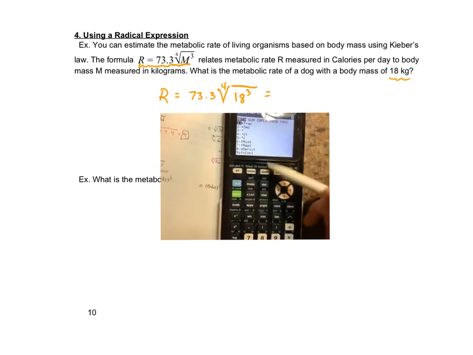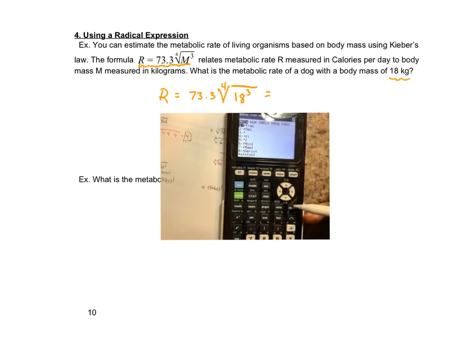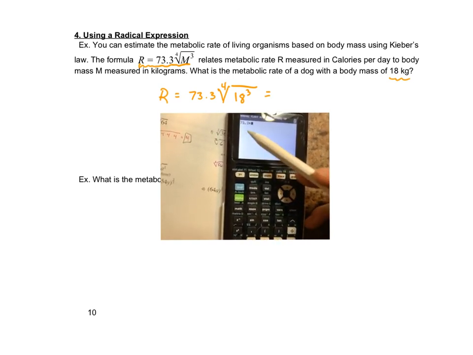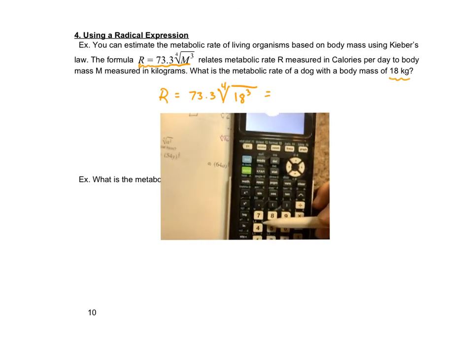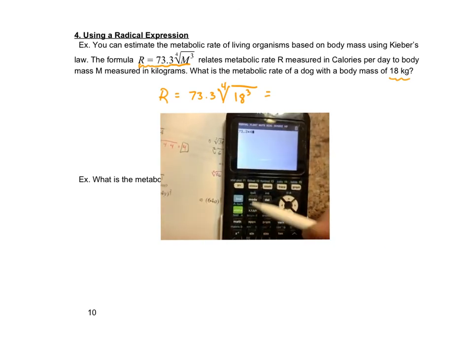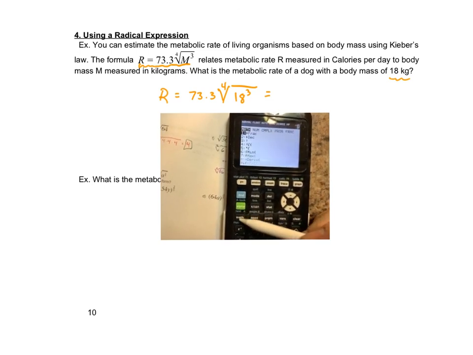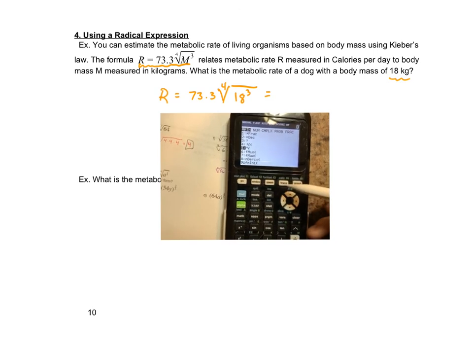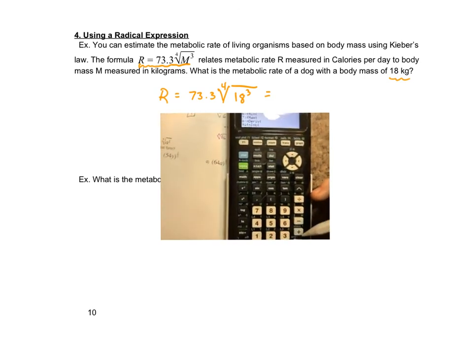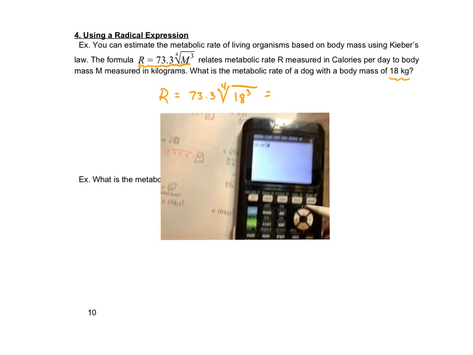So I have 73.3 times, and since I want the fourth root, I'm going to place a 4 in here. When I do math, option number 5, that places that 4 into the root area for me. So there we go.